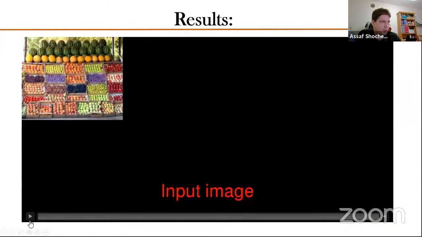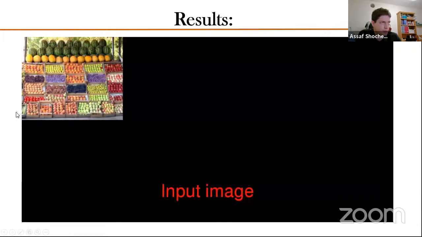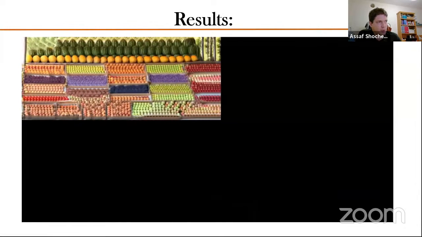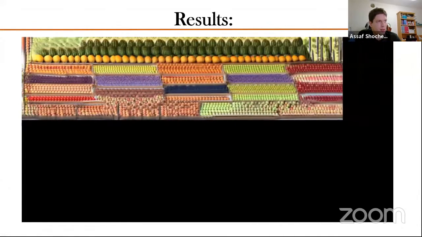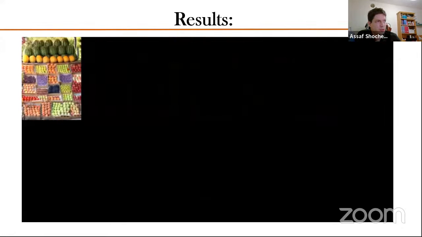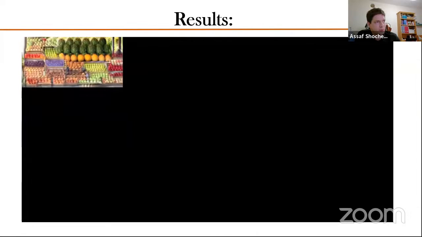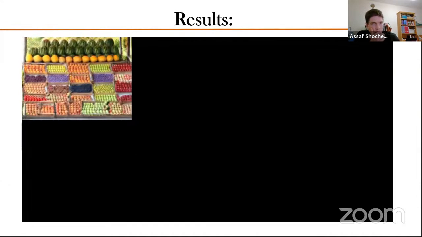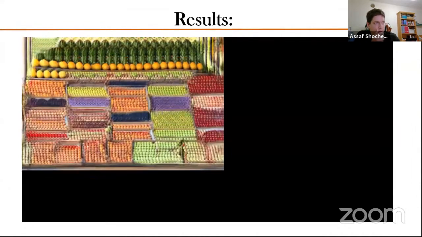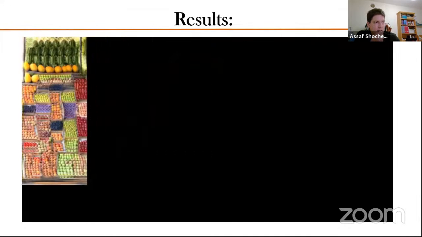And here's another example. You can see how more fruits are added, but it's not just fruit, because when needed, new boxes, new crates with fruit are added or removed. So this is a different type of resizing.